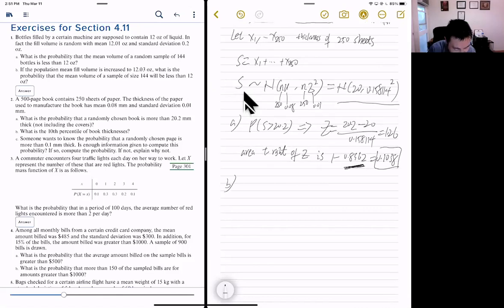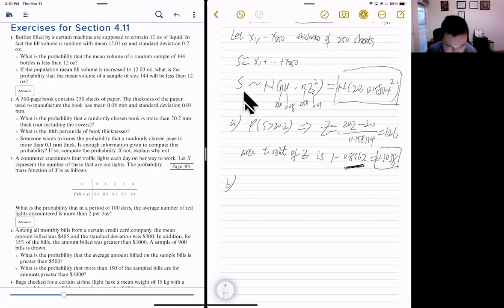Part B, what is the 10th percentile of the book thickness? Easy, we have done that before. After we figure out the distribution and its parameters, the mu and the sigma, the remaining steps are the same. For the 10th percentile, we go to table 8.2, looking for the Z value corresponding to 10% or 0.1.